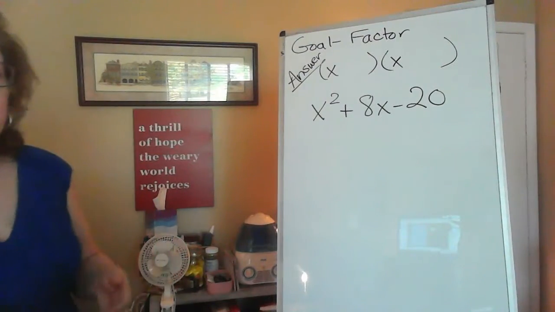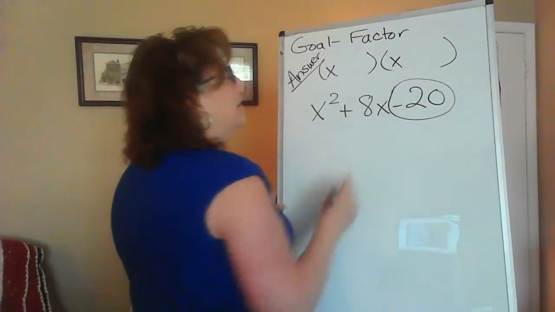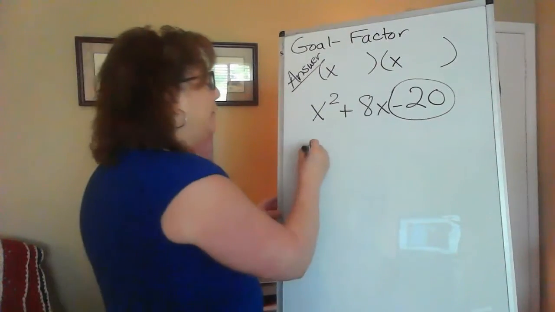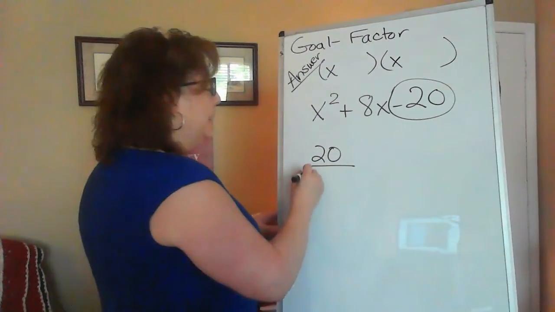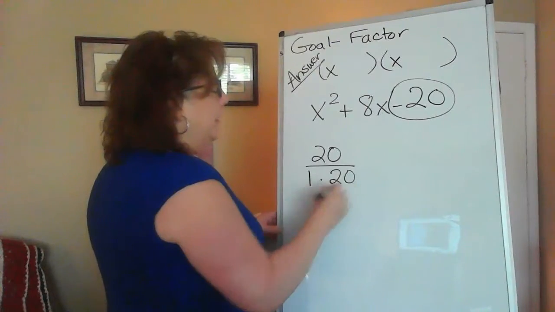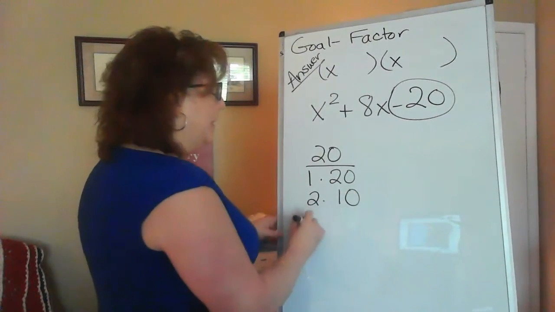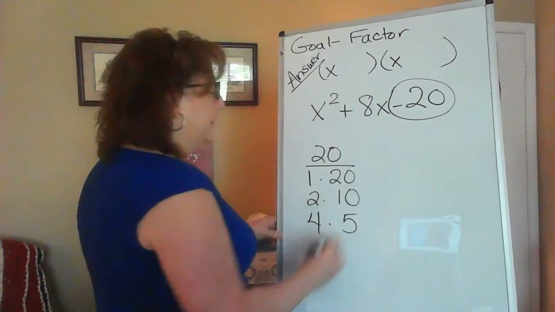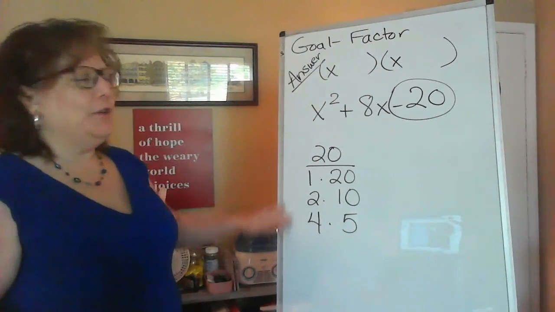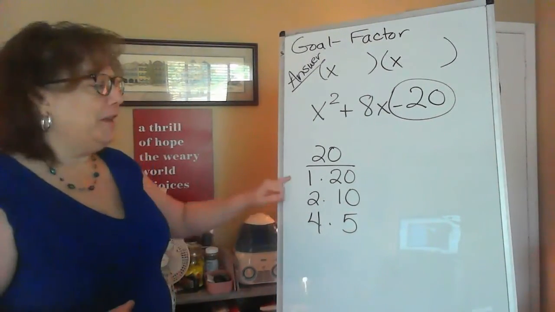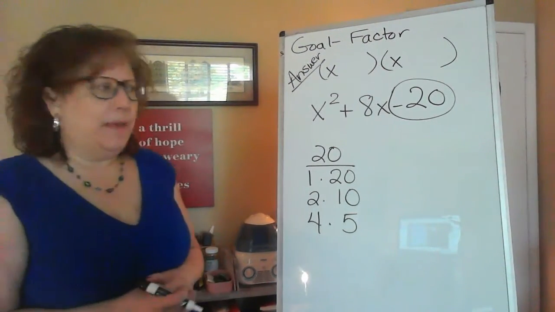But before we can even get there, we have to look at our C, and we have to figure out all of the multiples of 20. 1 times 20, 2 times 10, nothing with 3, 4 times 5, and that's going to be it. So we have several choices. It's really nice if you only have one choice, but when you have a couple of them, then you have to do a little bit more mental math.